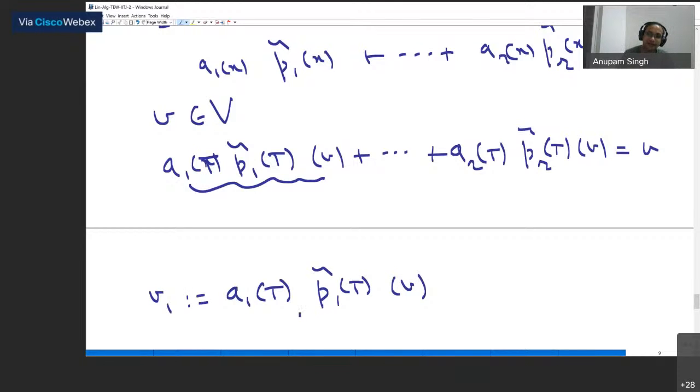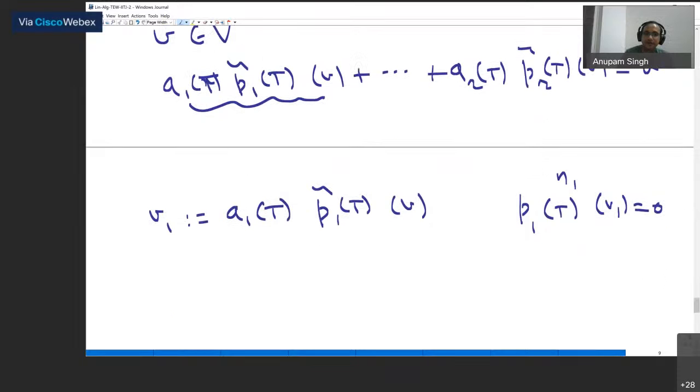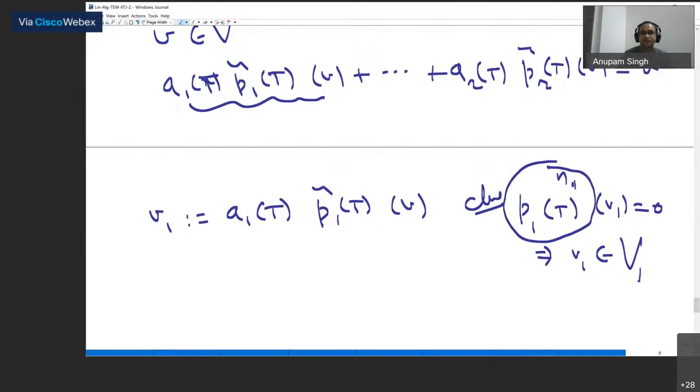My claim is that p1(t) to the power n1 applied to v1 is 0, because this will mean that v1 belongs to V1, which is the kernel of this thing.